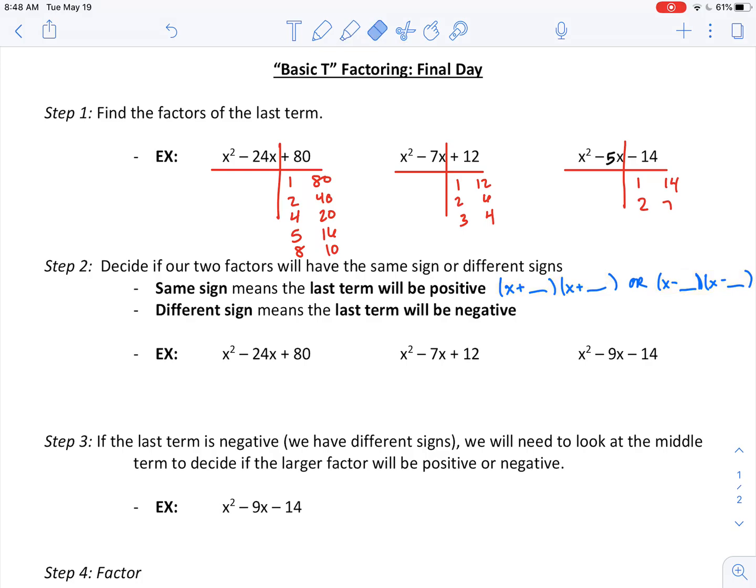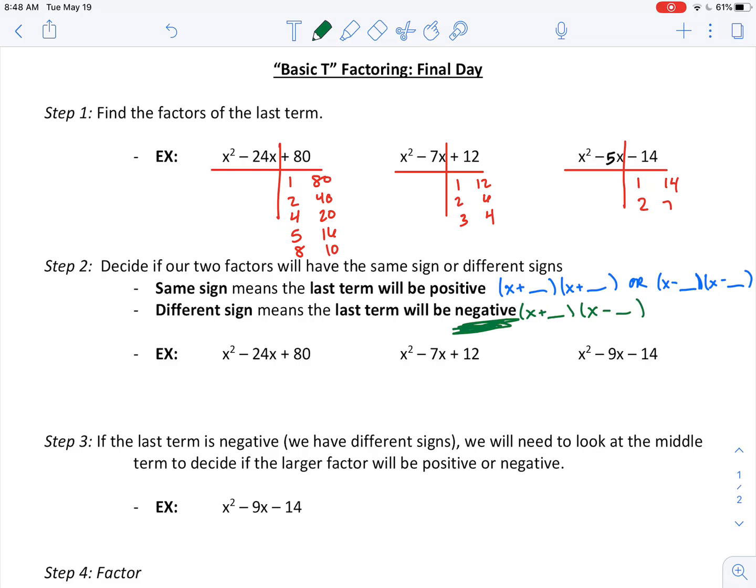But as long as they're the same sign, that last term is going to be positive. But if I have different signs, if I've got x plus some number and x minus some other number, a positive times a negative will get me a negative last term.